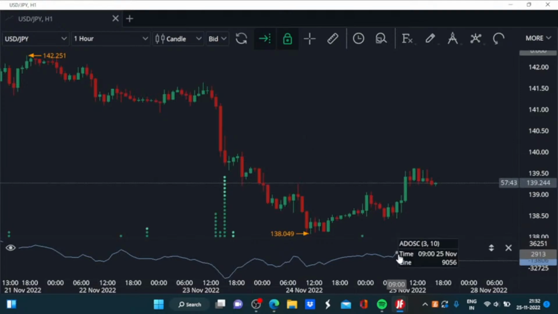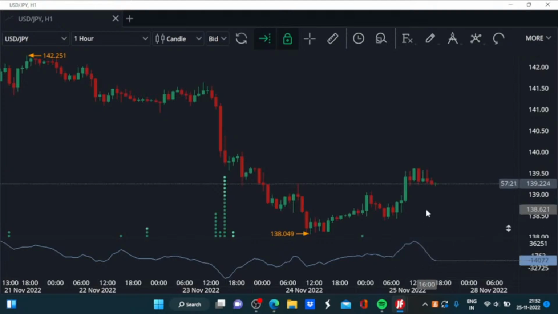So we always have to pay attention to the money flow, whether the money is flowing in good enough quantity, so that we can have higher probabilities of the continuation of the trend of the price action trajectory in the same direction.